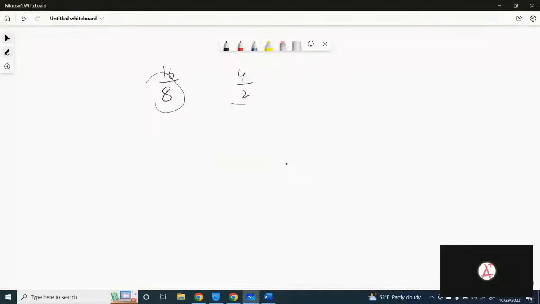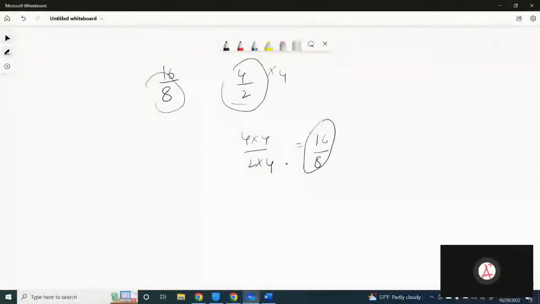So just multiply this fraction by 4. So it would be 4 times 4 over 2 times 4. 4 times 4 is 16 and 2 times 4 is 8. Now both the fractions are equivalent. That means yes, they form a proportion. The answer is yes. Got it.